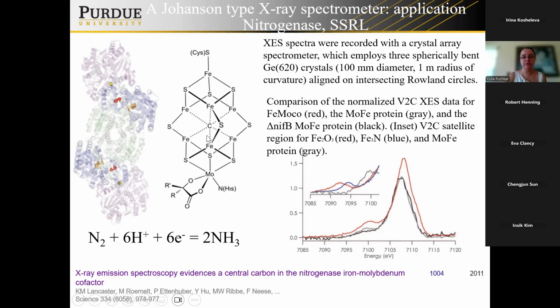And crystallography was unable to resolve the central atom. By detecting this very, very weak signal, this valence to core transition, they were able to say this is carbon. And I think since then that has not been objected. I'm interested in the assembly of that thing, etc. So there are still a lot of interesting questions here, but I think that's the only way you can detect this carbon. If you know of a different way, let me know in the discussion.